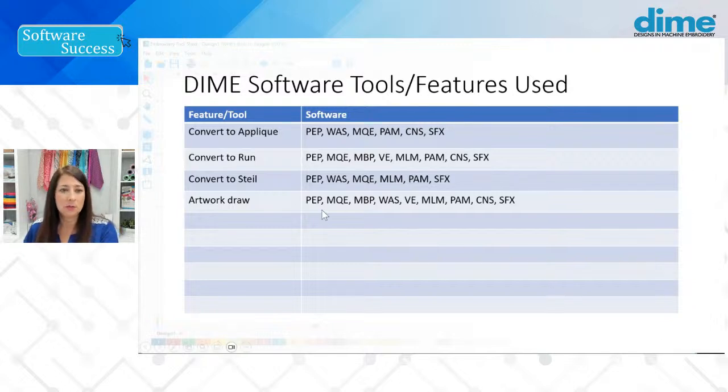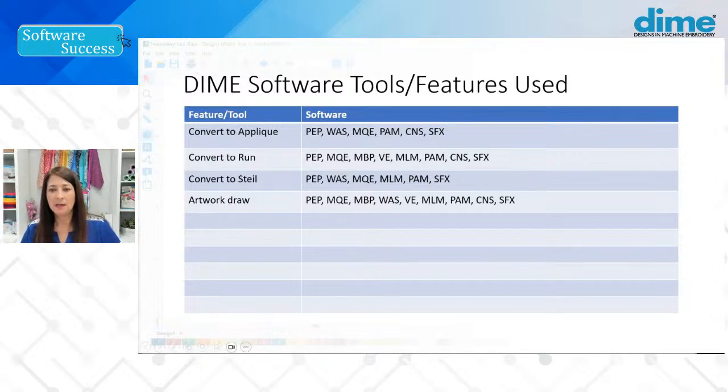So the steel stitch is essentially a satin stitch, but it's all the same width. A satin stitch can change sizes as it goes. Like you can have it wide in an area and get narrow, wide and narrow. But a steel stitch is the same width all the way around.